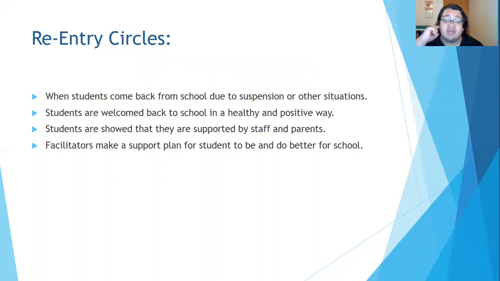It happens. But this is for re-entry back into school because, of course, we don't want them to fall behind. We want them to come back into school. So this is for students to feel like they're welcome back to school in a healthy and positive way. No judgment, no harm or anything else.